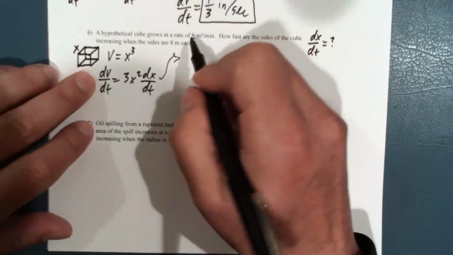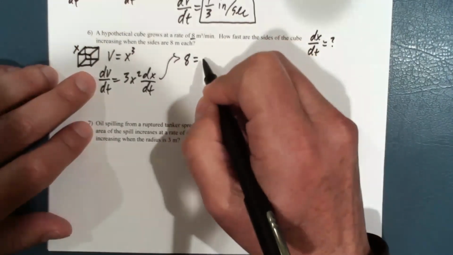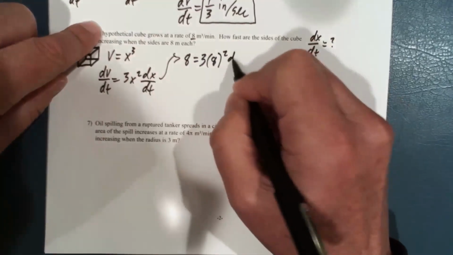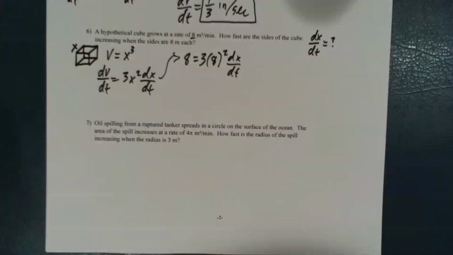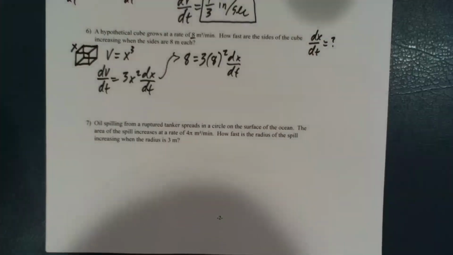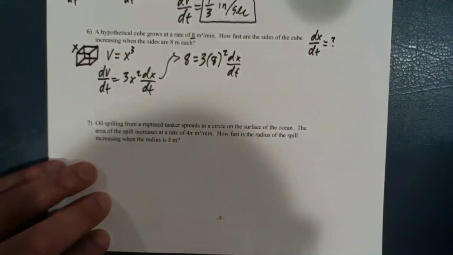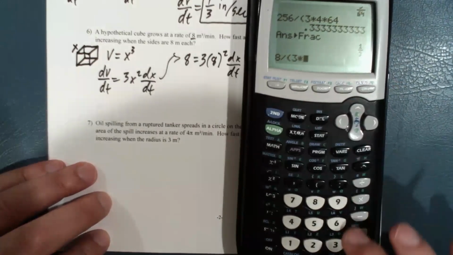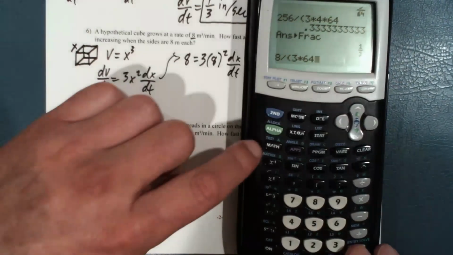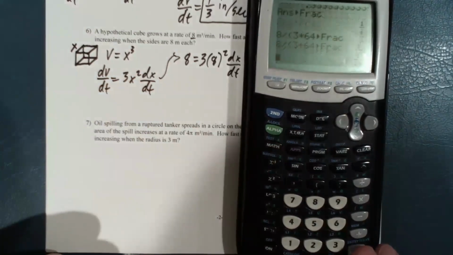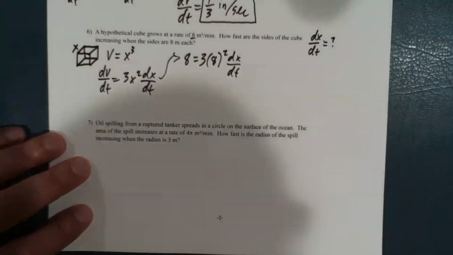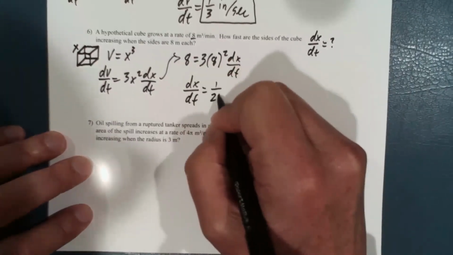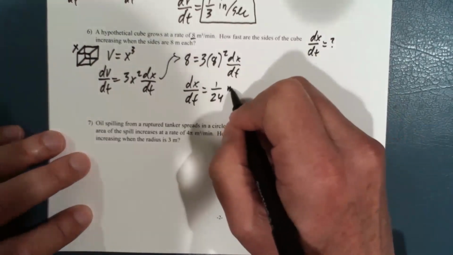The dV/dt is the 8 here, equals 3 times 8 meters squared dx/dt. Dividing both sides by that gives me 8 divided by 3 times 64. Converting that to a fraction, dx/dt is 1/24, and the unit is meters per minute.